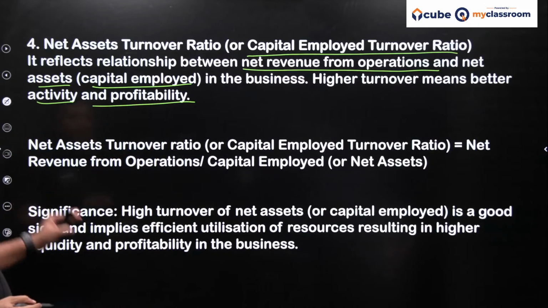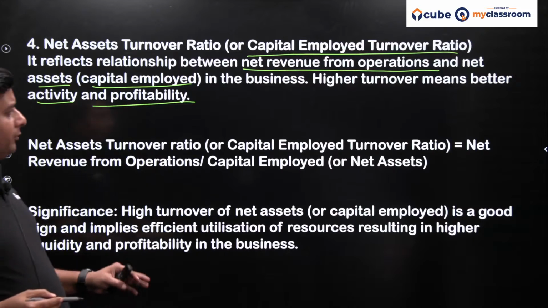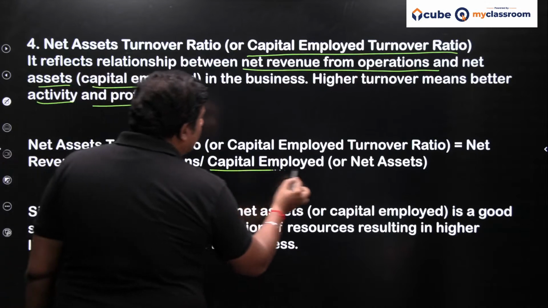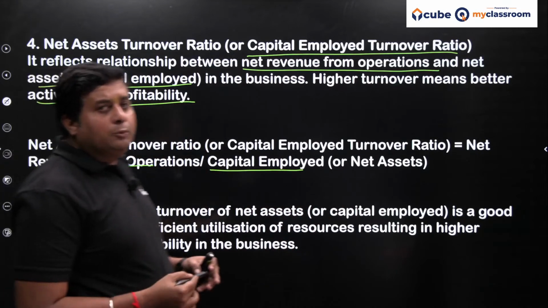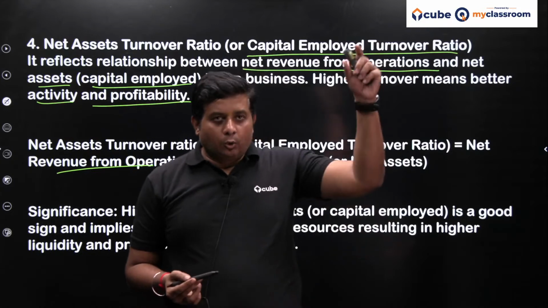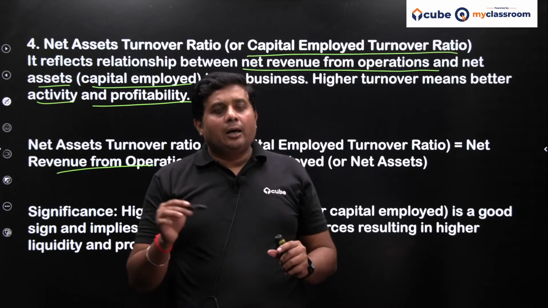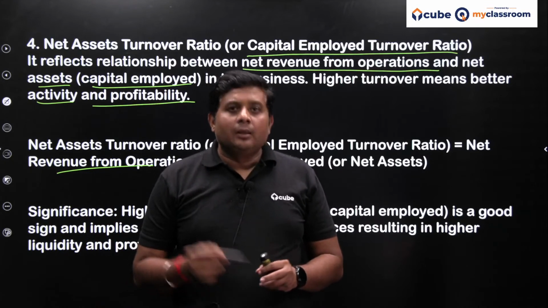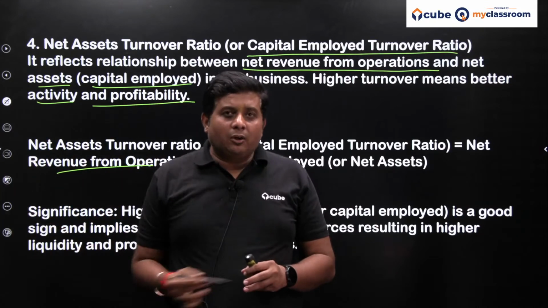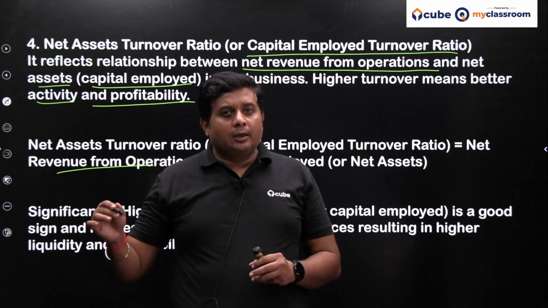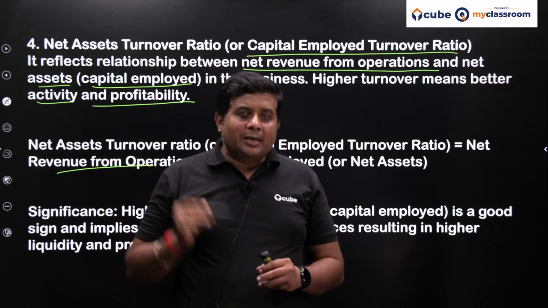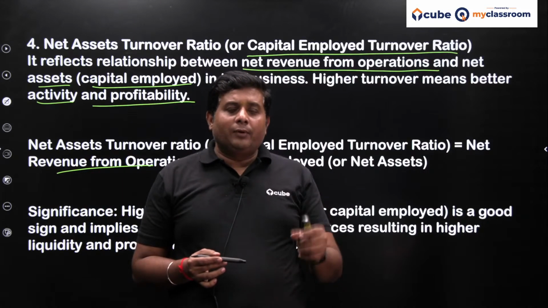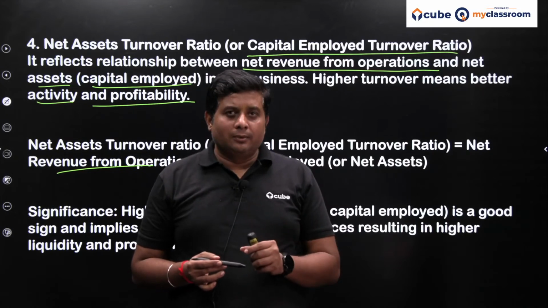The formula is net revenue from operation upon capital employed or net assets. Whenever I am talking about net assets, it's real simple: the total value of your assets, and if depreciation is given, we need to subtract the value of depreciation. In debtors, if provision for bad and doubtful debts is given, that provision is subtracted from the debtors in order to find the true value of net debtors.